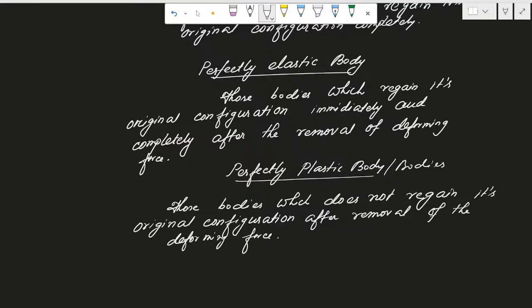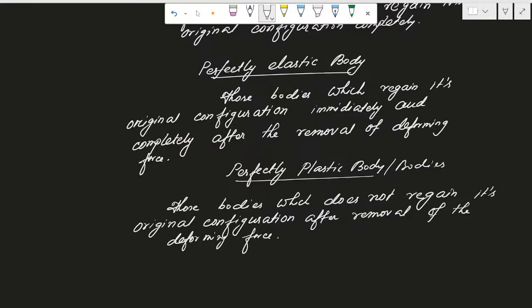If you have a rubber band and if you have steel, steel is more elastic than a rubber band. It depends on the load, how much load it can withstand. Up to what limit of load you apply to the steel, it will still regain its original position. Definitely steel is much more elastic. A rubber band you can easily break by your hand, so it is a plastic thing, not an elastic thing.